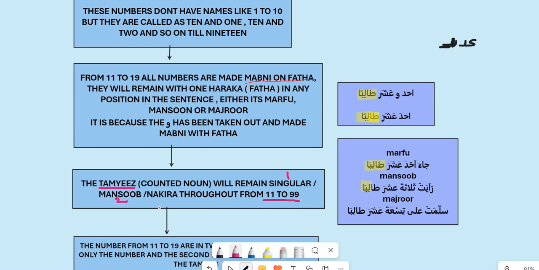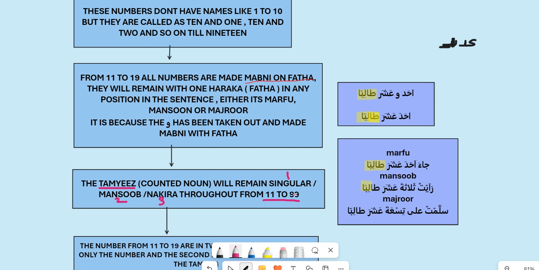And it remains till 11 to 99. So this counted noun will remain the same from 11 to 99, and it will now be called tamiz, and it is no longer called ma'dud. Remember, this is a very important point. From 3 to 10 counted nouns are called ma'dud, and from 11 to 99 the counted nouns are called tamiz, and the structure is singular, mansub and nakira.